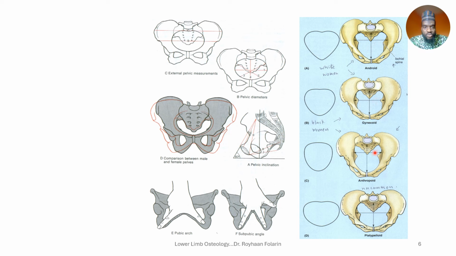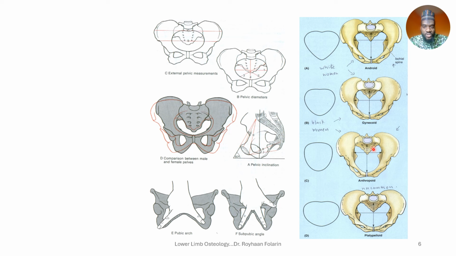Thirdly, we have the anthropoid pelvis. This is an oval-shaped pelvis that has an oval-shaped inlet with a longer anterior-posterior diameter, as you can appreciate here. The anterior-posterior diameter is much longer, and this favors occiput posterior fetal positioning, but generally it allows vaginal delivery as well.